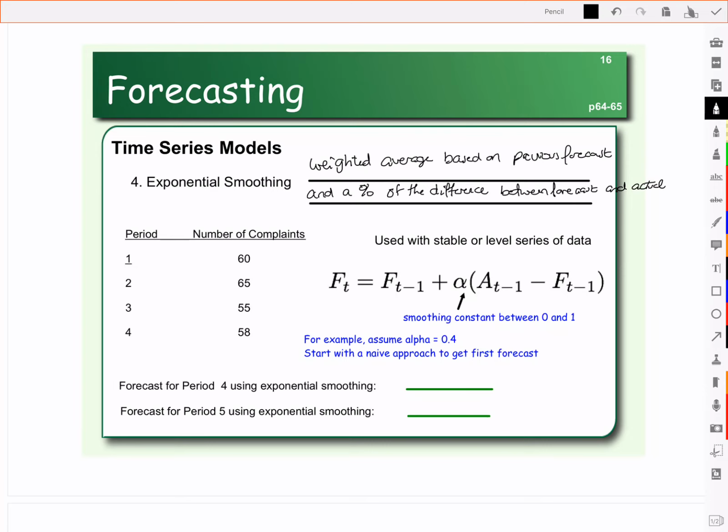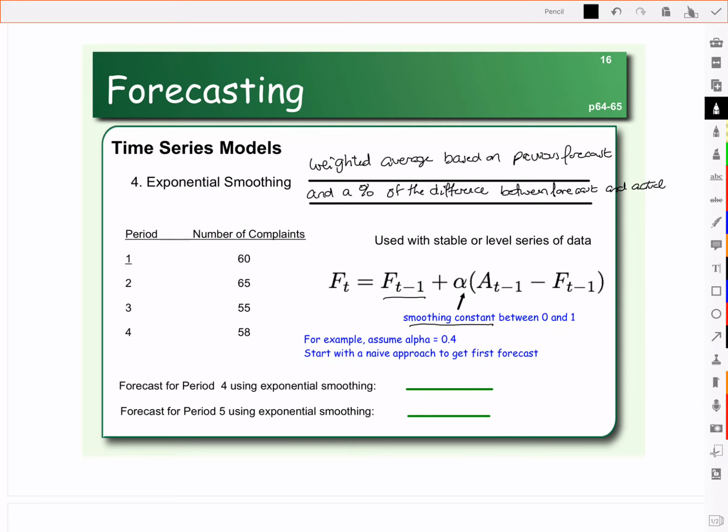So here's the formula. The forecast for a period t is equal to the forecast from the previous period, so t minus 1, plus, and then we have an alpha. The alpha is what is called a smoothing constant. And this is how much you want to adjust the previous forecast based on how off you were from that previous forecast.